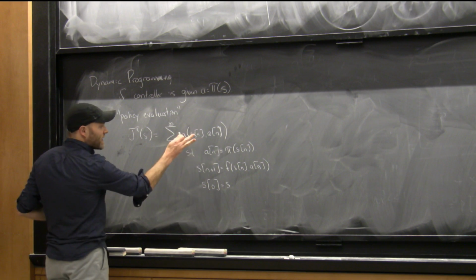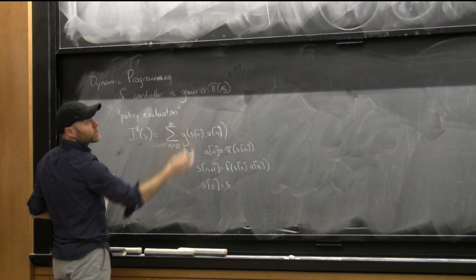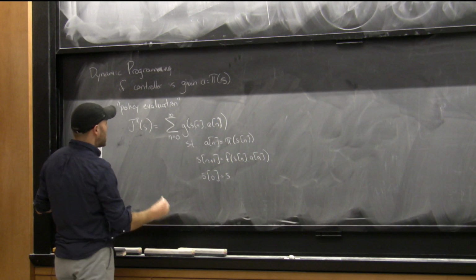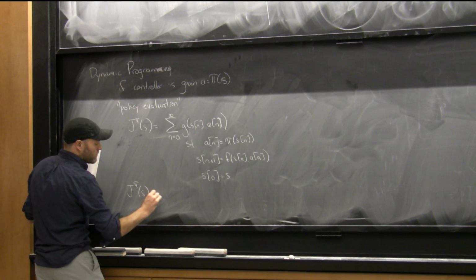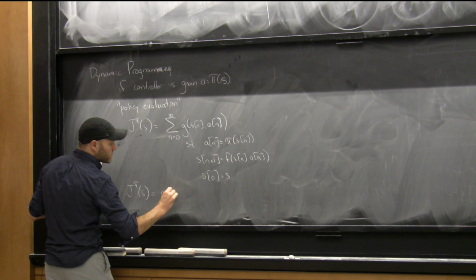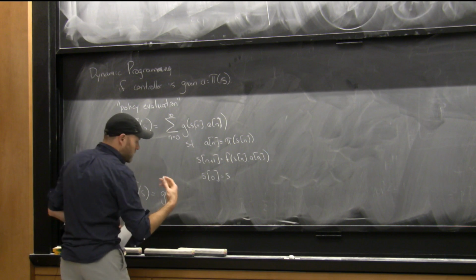Then, looking at that equation, you can see the same sort of recursion holds. It's just that the policy is given. So you can still write that as J pi of S is now G of S. And you can write the A's or not, but I'm going to just leave them off to keep my hand fresh.